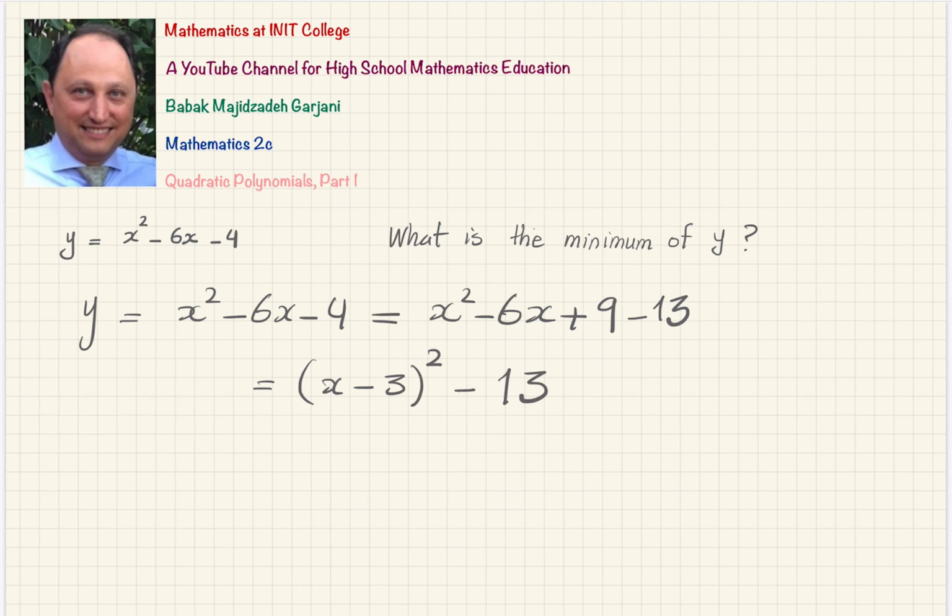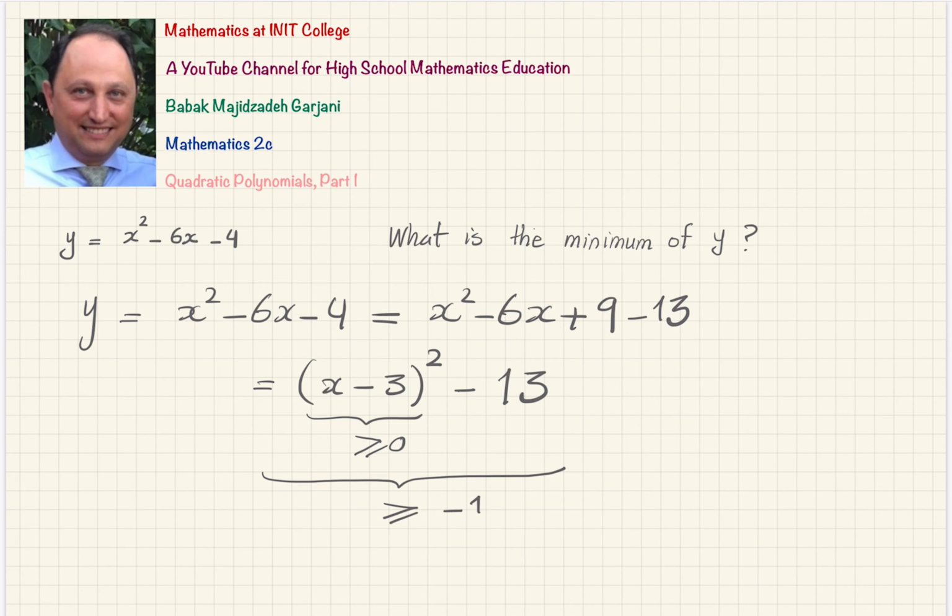minus 13, yes? And I ask you, what is the minimum value of this part? This part is greater than or equal to 0, only this part. So this means that the whole expression is greater than or equal to which number? Can you tell me? Minus 13.